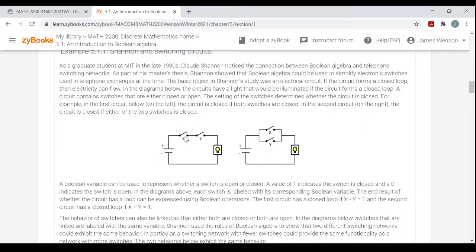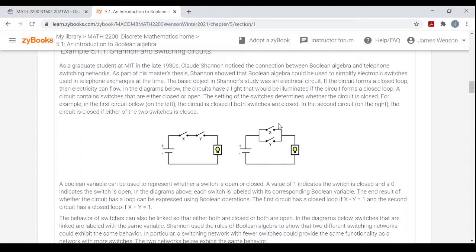So you see here, I'd have 0 times 0 is 0. And if they were both closed, it'd be 1 times 1 equals 1. Because if they were both closed, the light bulb would be turned on. And if one of them was closed and the other one wasn't, it'd be 1 times 0, or 0 times 1 would be 0. The light bulb would be off.